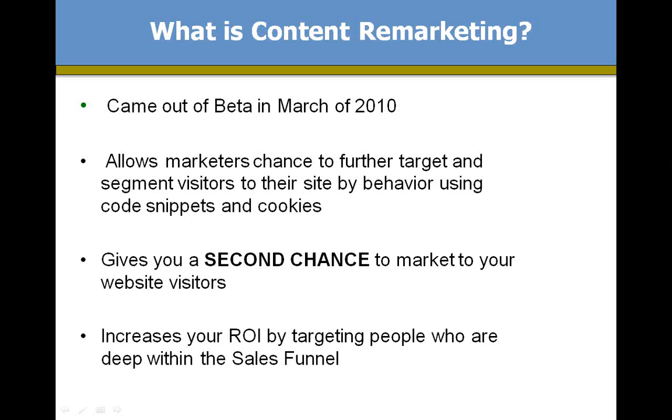And it gives you a second chance to market to people who have visited your site. And this allows you to increase your ROI by people who you know have already visited your site and are pretty far down the sales funnel depending on where you're placing the code.